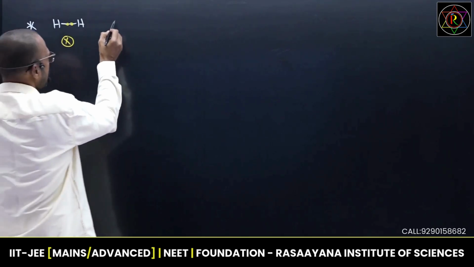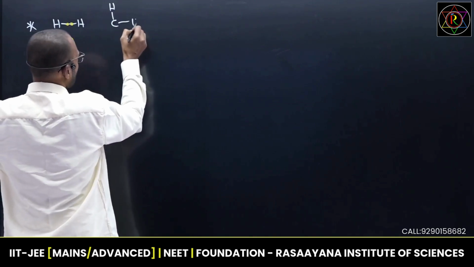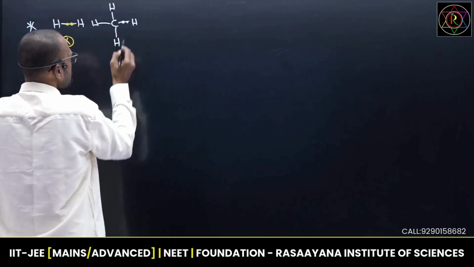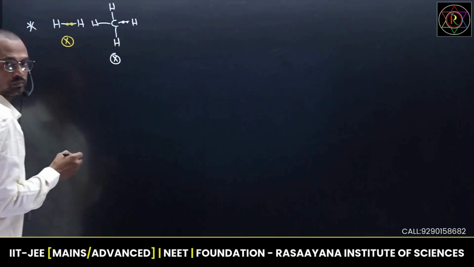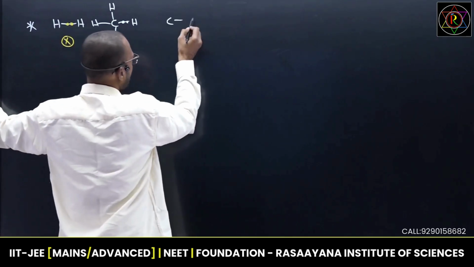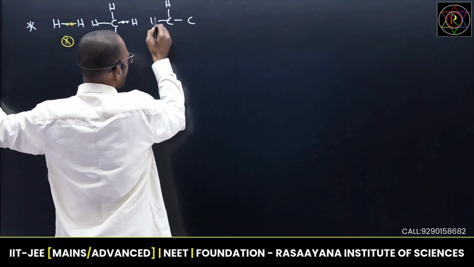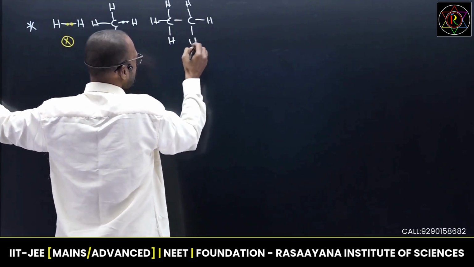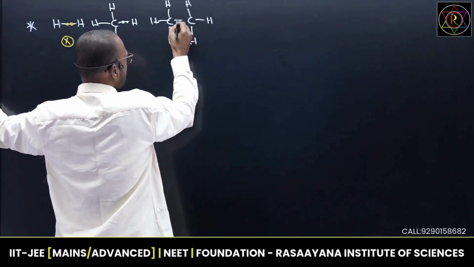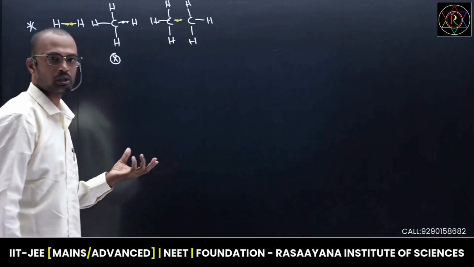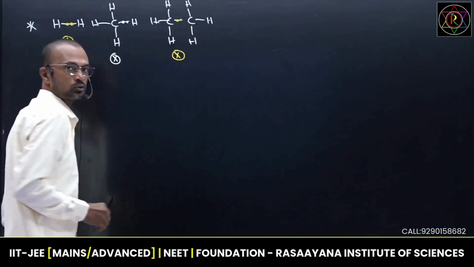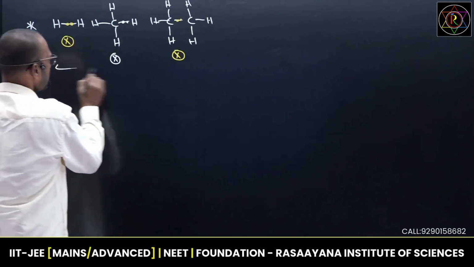And if I take a carbon-hydrogen bond, in this case also almost all the shared pair of electrons is exactly in the middle, so there is no inductive effect. Then I can take carbon-carbon bonds even. In this case the shared pair of electrons between these two is exactly in the middle. So I can say no net dipoles are going to be created within this molecule. There is no inductive effect operating in these molecules. So these are called symmetric molecules.